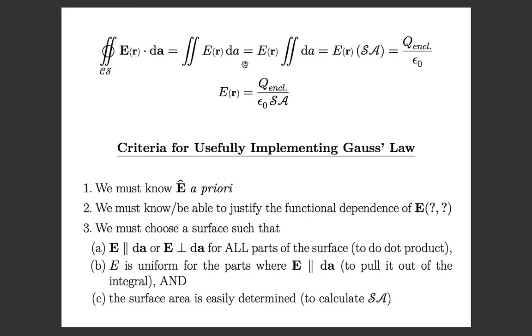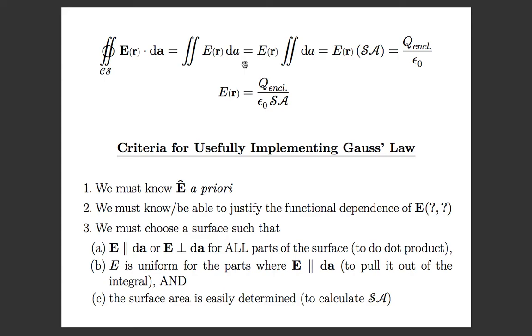I mentioned on Wednesday that Coulomb integrals are always something we could use, but the mathematics are sometimes prohibitively difficult. Gauss's law in this form is a technique that we can use sometimes. We can't use it all the time. When we can use it, it makes the math much, much easier. So it's really important to understand when we can use it and when we can't.